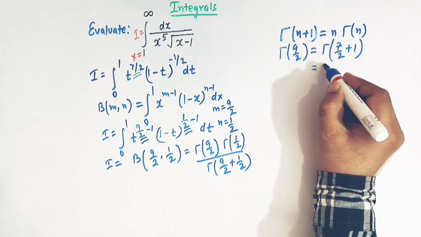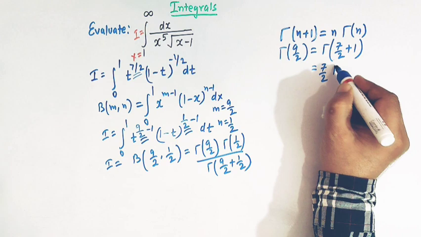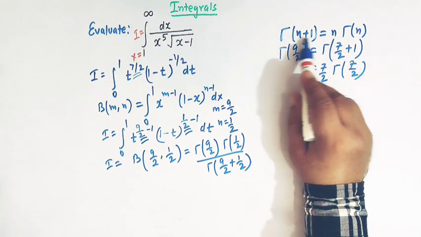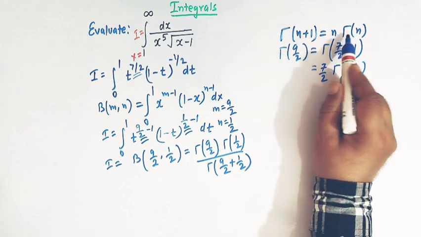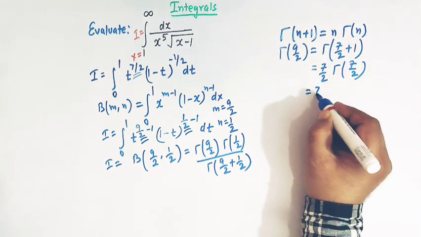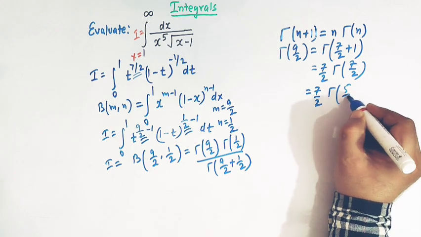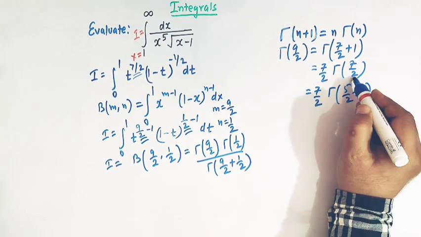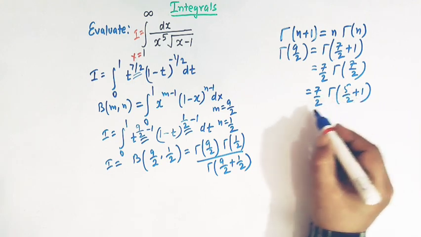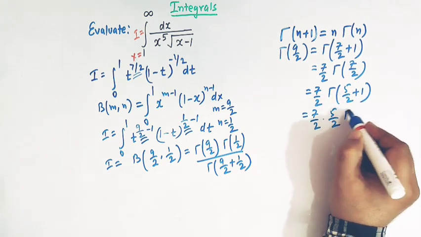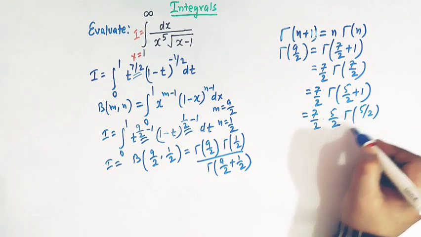So we have 7 by 2 times gamma of 7 by 2, right? And repeated application of this formula gives us 7 by 2, here we have gamma of 5 by 2 plus 1, because 7 by 2 can be written as 5 by 2 plus 1. So we have 7 by 2 times 5 by 2 times gamma of 5 by 2.